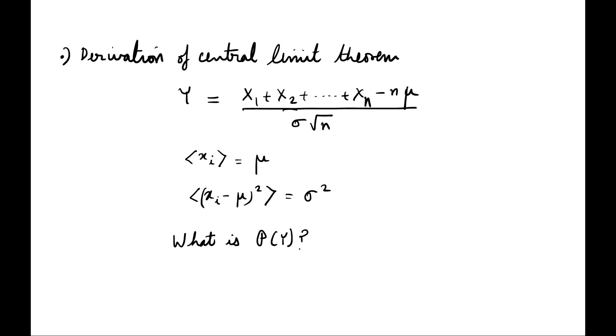So just to set the problem, we had a variable y, which was the sum of these random variables with the mean subtracted out and divided by the standard deviation times root n. The mu was the mean of each xi, and sigma square was the variance of each distribution. And the question was, what is P of y?